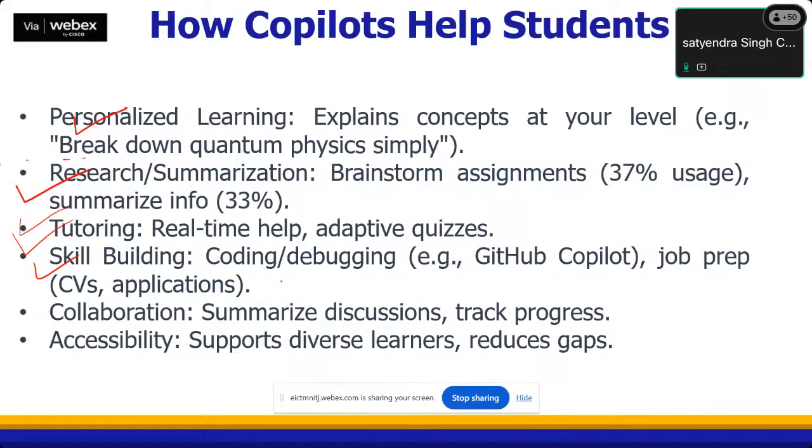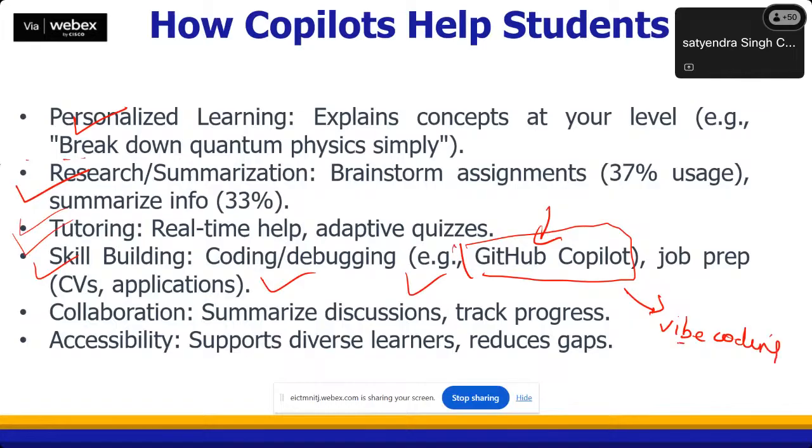There's coding and debugging nowadays. Since I'm from the computer science department, I know how students use Copilots in their daily routine coding assignments that they receive in the labs. There is also a term called vibe coding, which is quite popular these days.